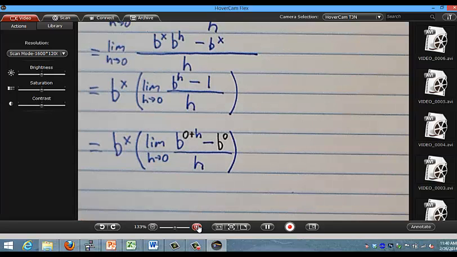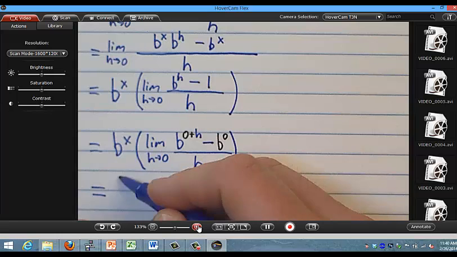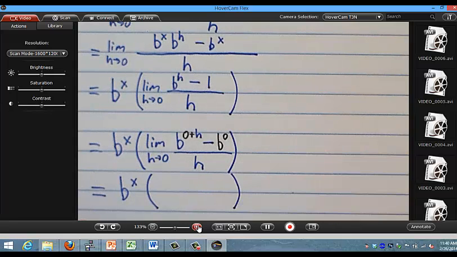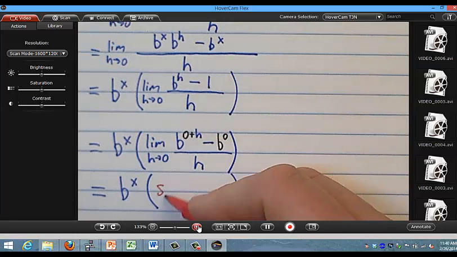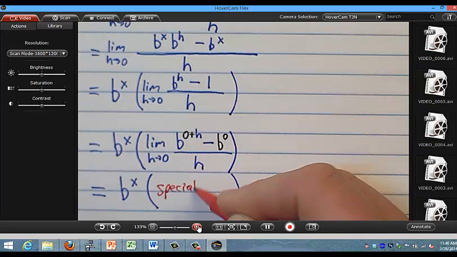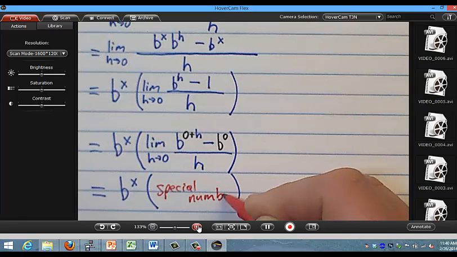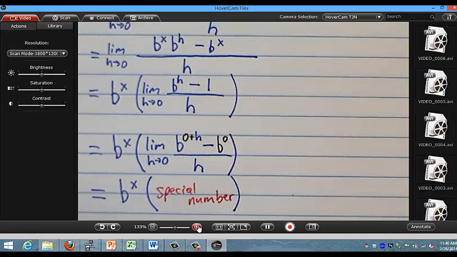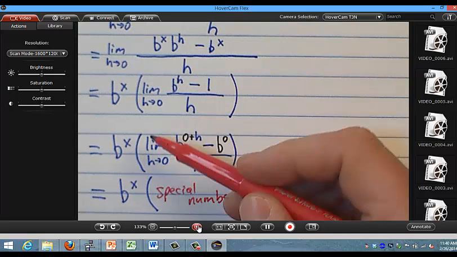And so what this equals is b to the x times, I'm going to call it a special number. I claim that's a number. And it's a special number. It's actually something that you might know what it is.